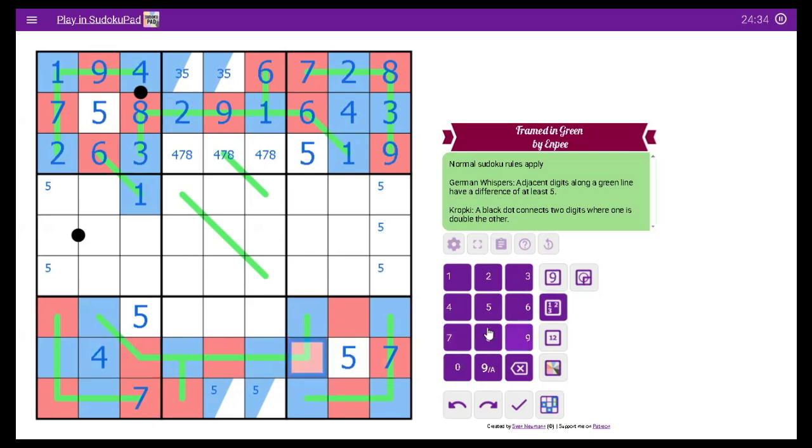This is an 8 or a 9. This can't be a 6 because put double ones, so this is a 6. Therefore, these are 8, 9. You can't put a 3 or a 4 anywhere here. So these are 3, 4, and these are 1 and 2.